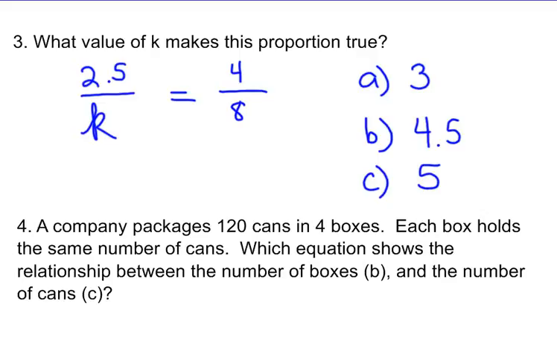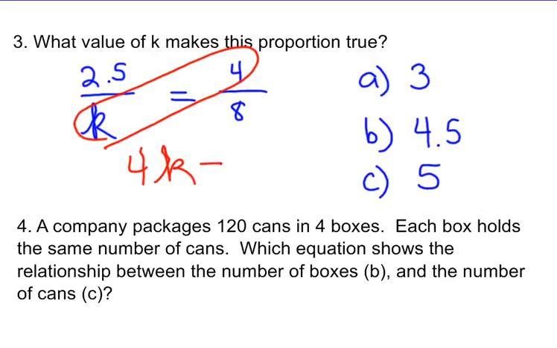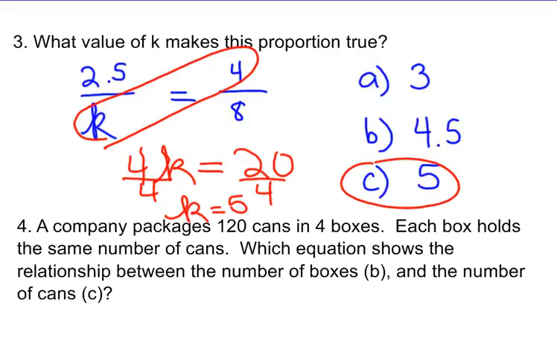So let's just solve for k. 4 times k equals 8 times 2.5, which is 20. We have to divide each side by 4 to get k by itself, and we get k equals 5. So which value for k makes this true? Our answer would be C.